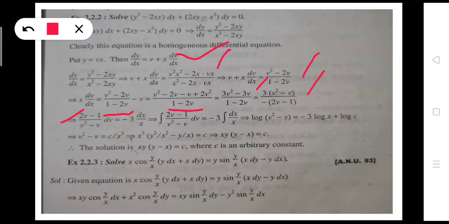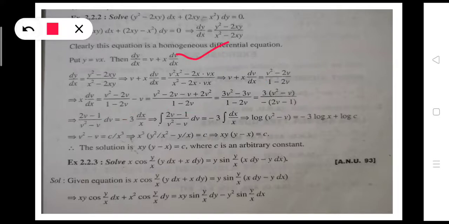Now simplifying, remove log from both sides. v square minus v is equal to c by x cube, and this implies x cube into (y square by x square minus y by x) is equal to c. This implies xy into (y minus x) is equal to c. Therefore, the solution is xy into (y minus x) is equal to c, where c is an arbitrary constant.